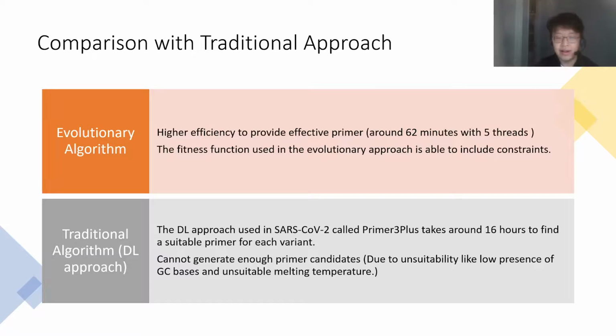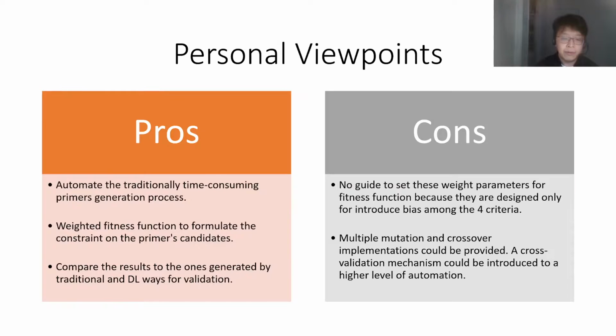It cannot generate enough primer candidates because most of them are discarded, caused by unsuitability, like a low presence of GC bases or a higher or lower melting temperature.